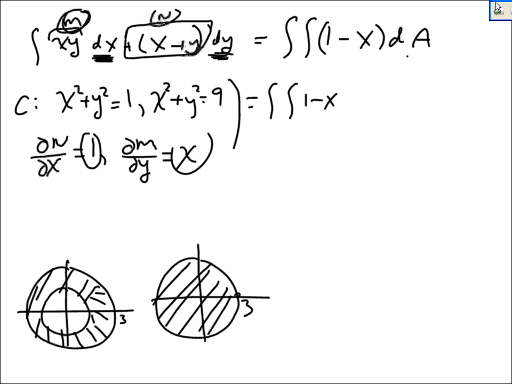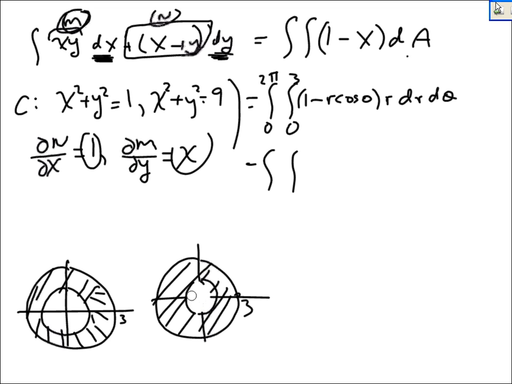Now you know what? I think it's better to just go polar. X is R cosine theta, and R dr d theta, and R goes from 0 to 3, and theta goes from 0 to 2 pi. But then we want to take away everything inside this circle. And that gives the area we want. 1 minus X dx dy becomes R dr d theta.